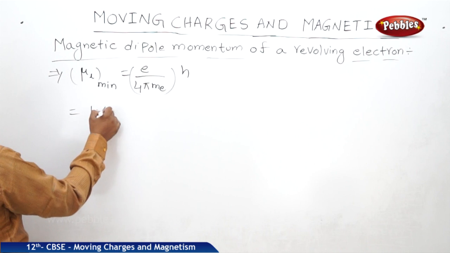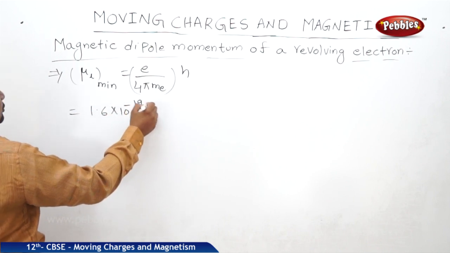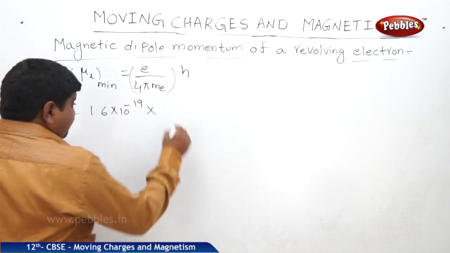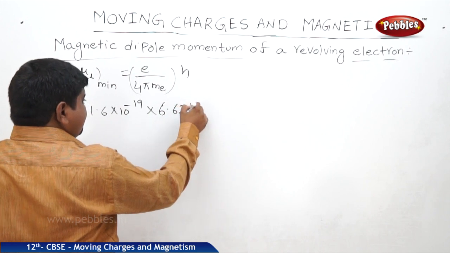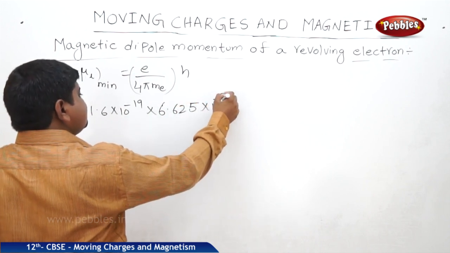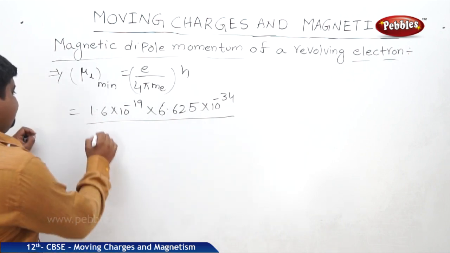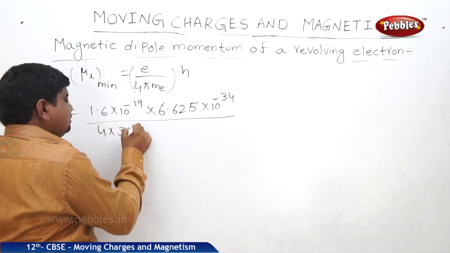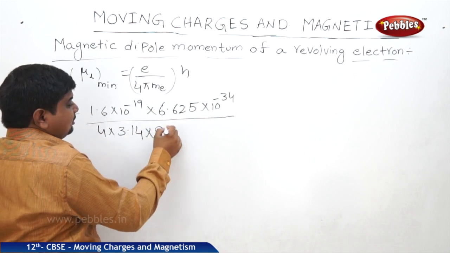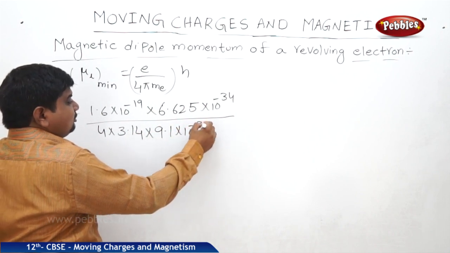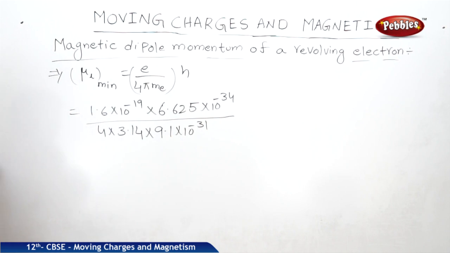Where e is equal to 1.6 into 10 to the power of minus 19 coulombs, h is Planck's constant 6.625 into 10 to the power of minus 34 joule second, into 4 into 3.14 into mass of electron 9.1 into 10 to the power of minus 31 kg.